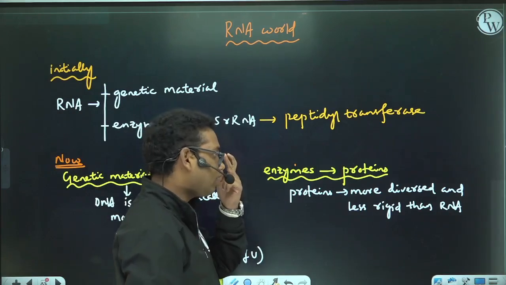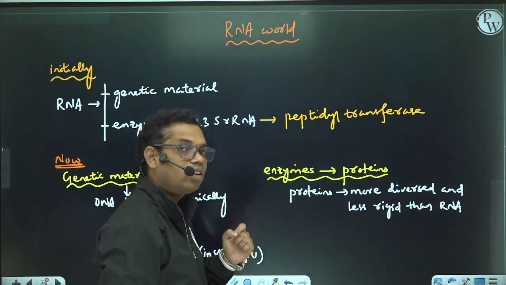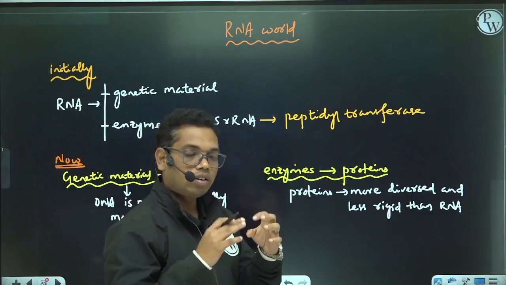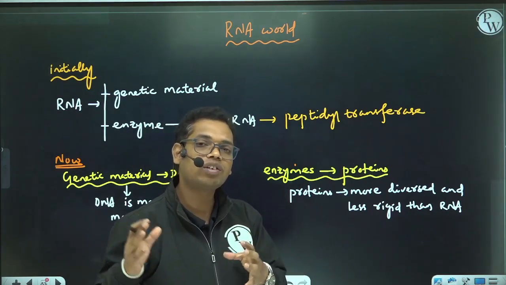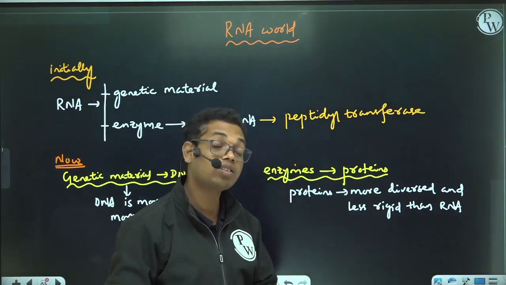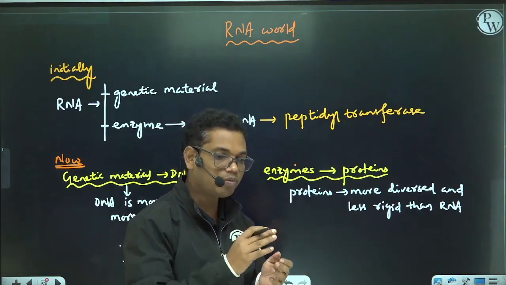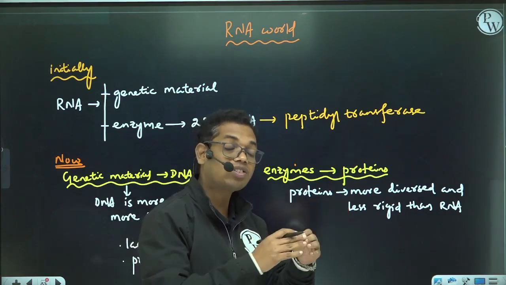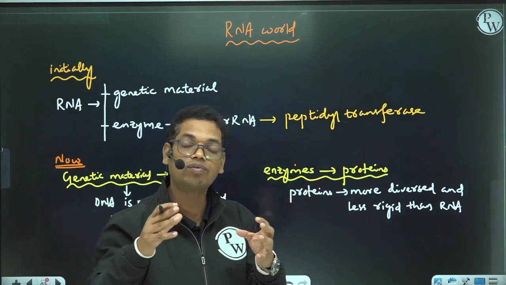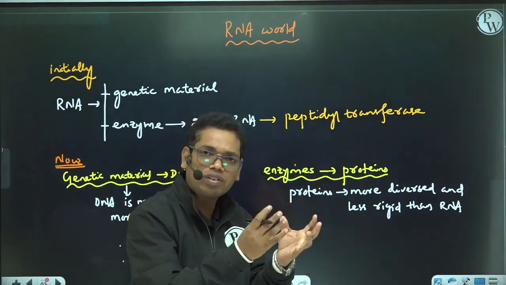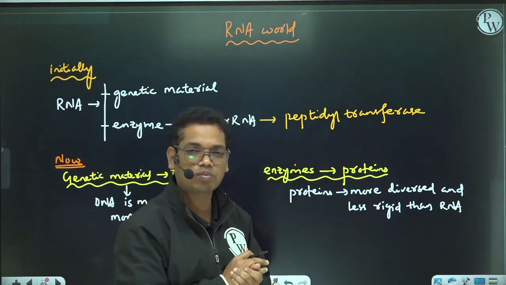So why are most of the enzymes now proteinaceous, not RNA? Because to perform different types of reactions, different types of enzymes should be there, because enzymes are substrate specific. So to perform a large number of reactions, I require different types of enzymes.